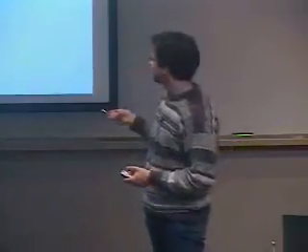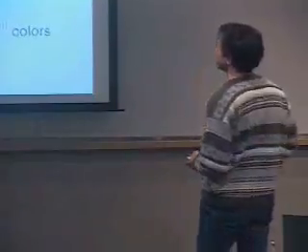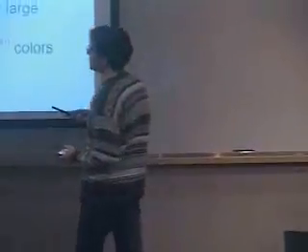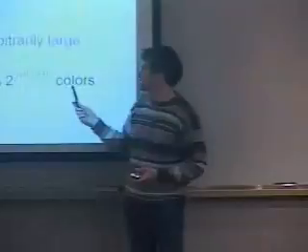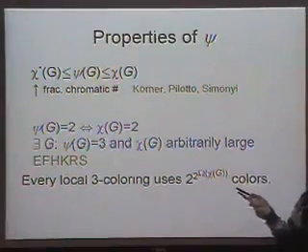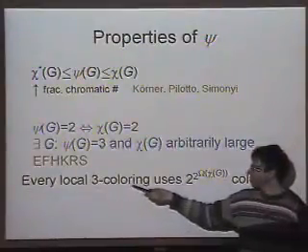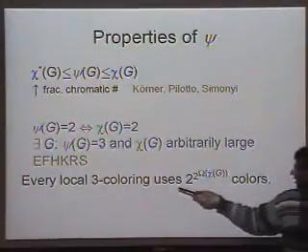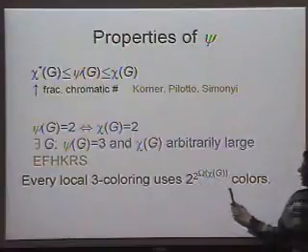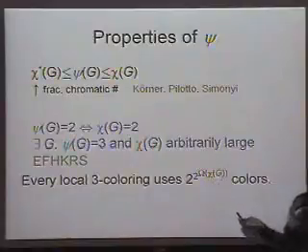But there is a price to pay for this. If you really want to have a local 3-coloring of a graph that has a high chromatic number, you need to use a lot of colors. A local 3-coloring uses at least this many colors. So the graph, in particular, has to be at least as big.